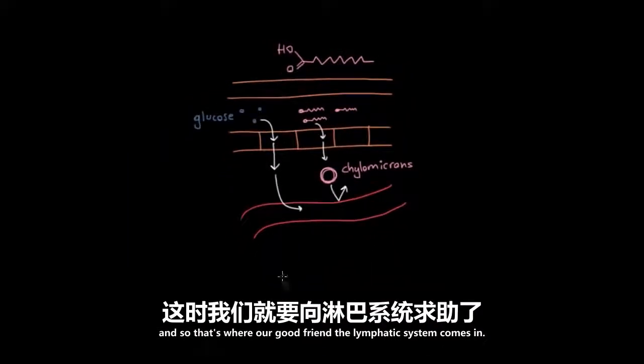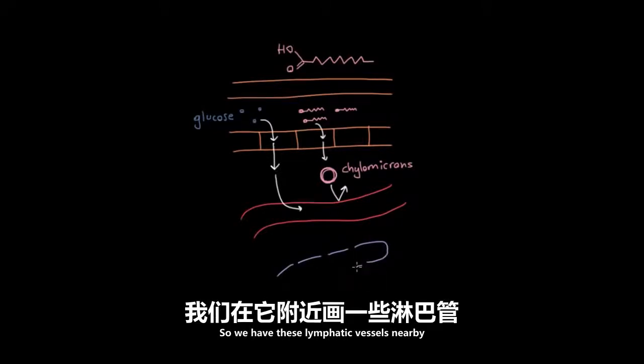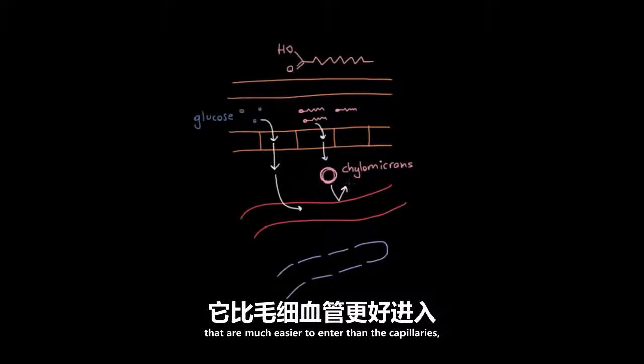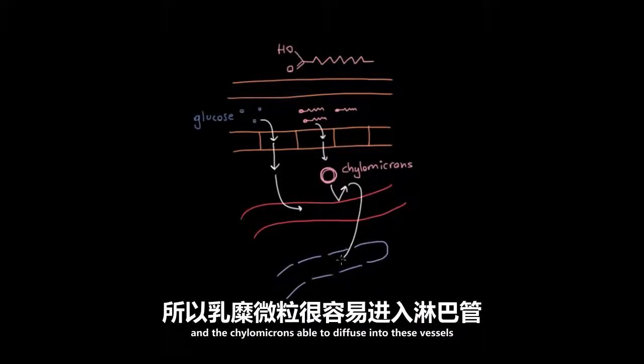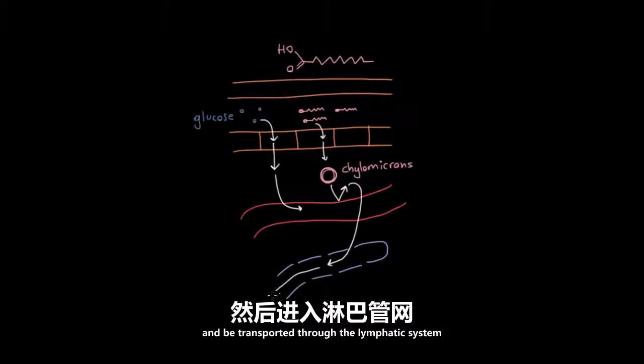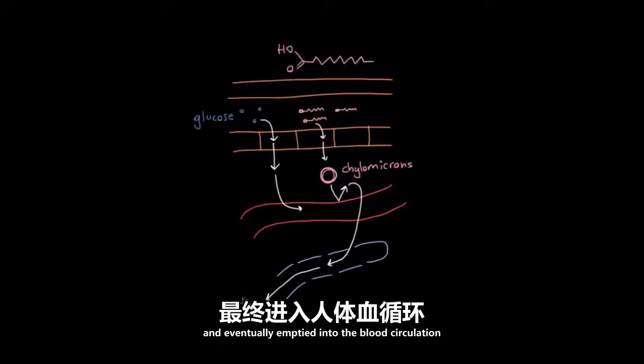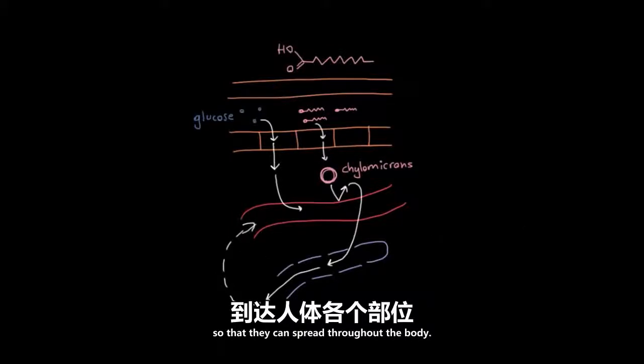And so that's where our good friend, the lymphatic system, comes in. So we have these lymphatic vessels nearby that are much easier to enter than the capillaries. And the chylomicrons are able to diffuse into these vessels and be transported through the lymphatic system and eventually emptied into the blood circulation so that they can spread throughout the body.